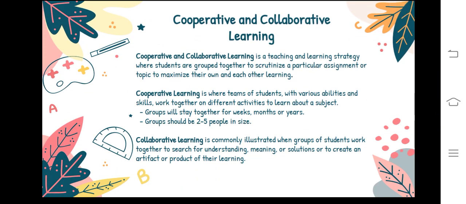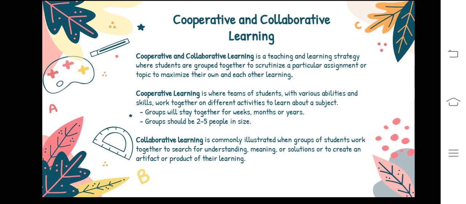The next point is about cooperative and collaborative learning. Cooperative and collaborative learning is a teaching and learning strategy where students are grouped together to scrutinize a particular assignment or topic to maximize their own and each other's learning. While cooperative learning is where teams of students with various abilities and skills work together on different activities to learn about a subject. There are two requirements.